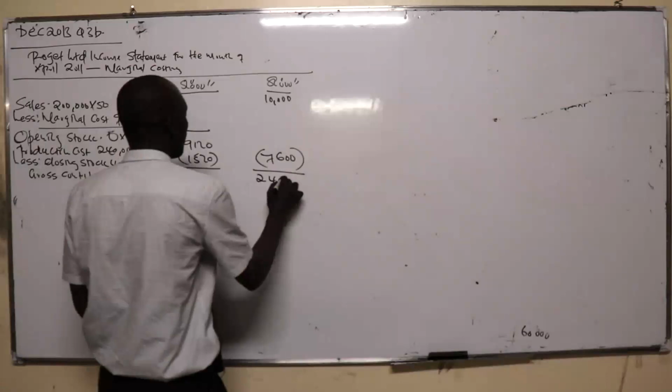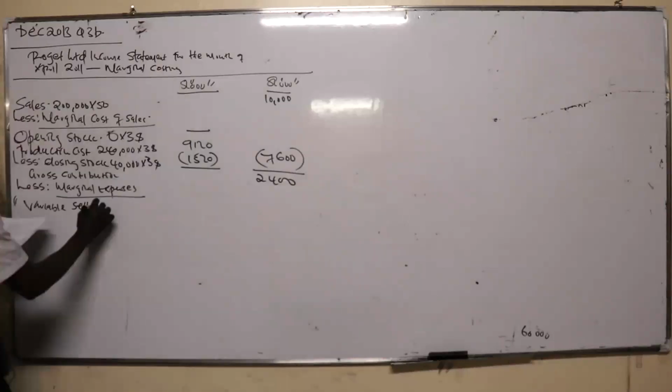Like in this question, we've been told the fixed selling costs, variable selling cost is 2 shillings per unit. So variable selling here, you less variable selling. Variable selling is 2 shillings.